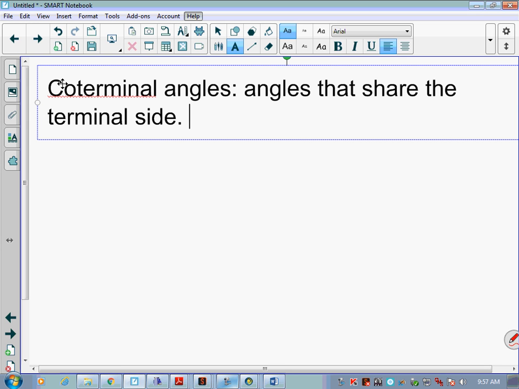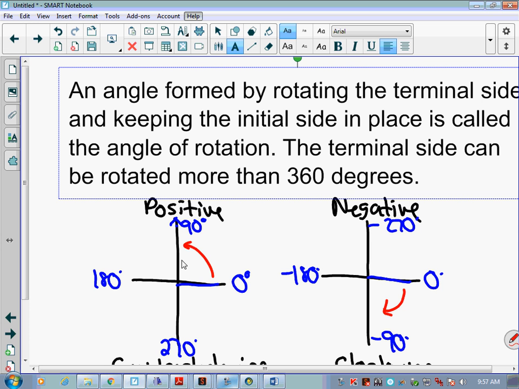Okay? 90, if we go back a slide, 90 is right here. Okay? But if I continue to go around, this would be 360, and then I would go another 90. That I would be back at that same position whenever I got to 450 degrees. Does that make sense? Okay?